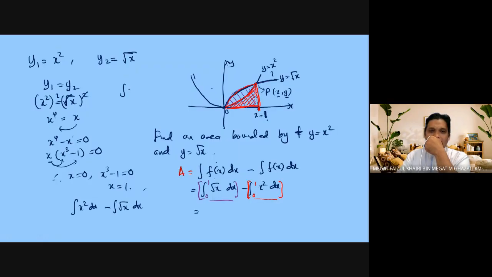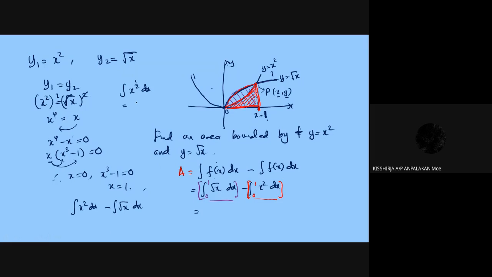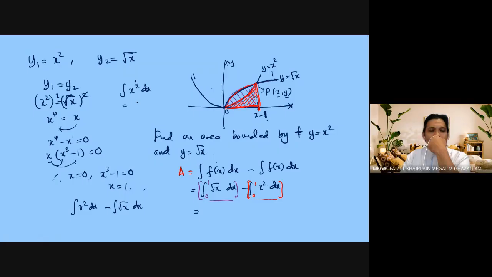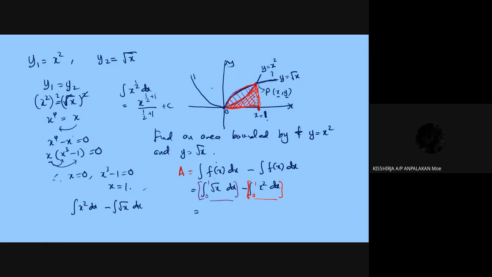So then, the integral of x to the power of half dx equals x to the power of half plus 1 divided by half plus 1, plus c.